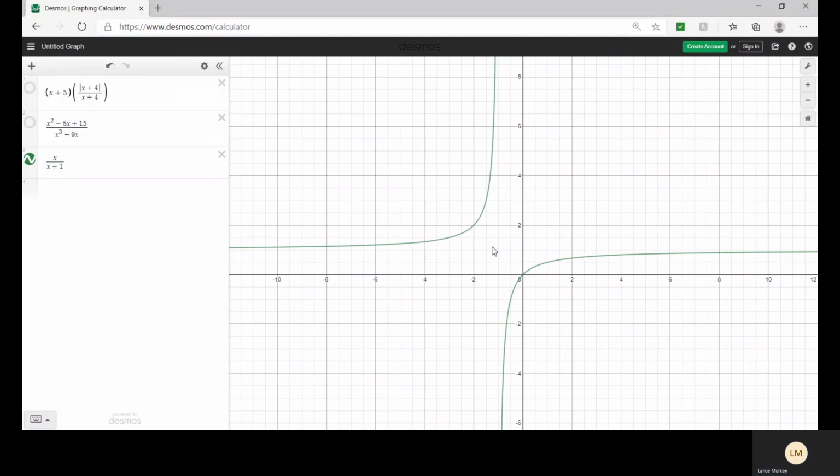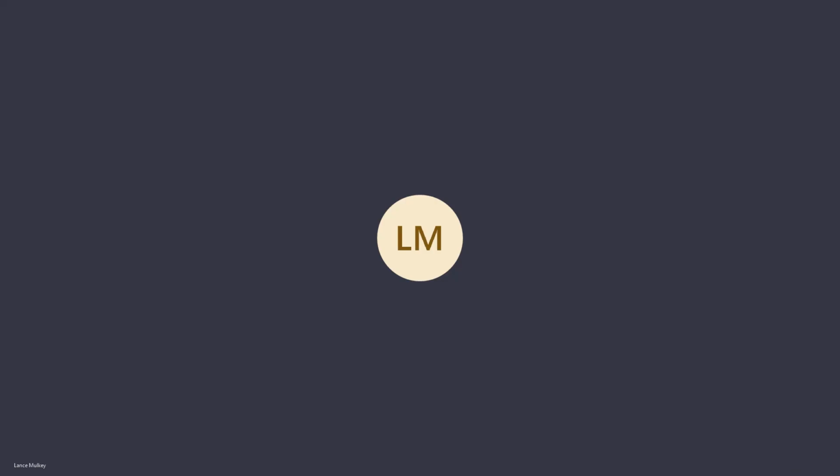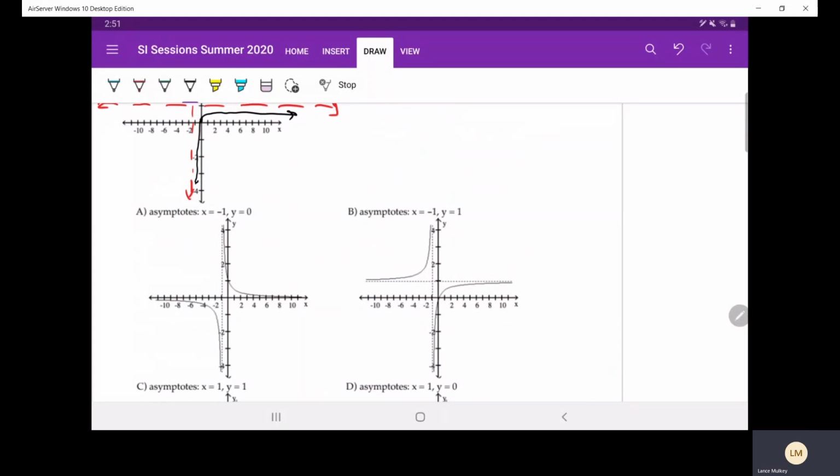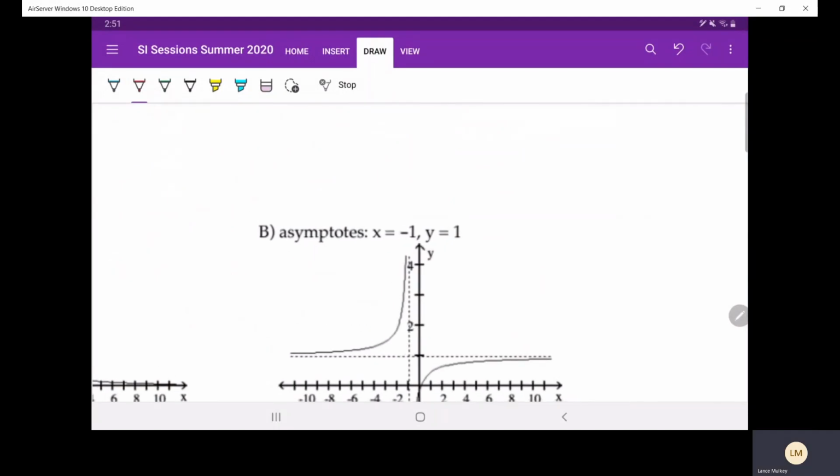See? X equals 1, and it looks like this. So if you just x equals +1, answer is B.